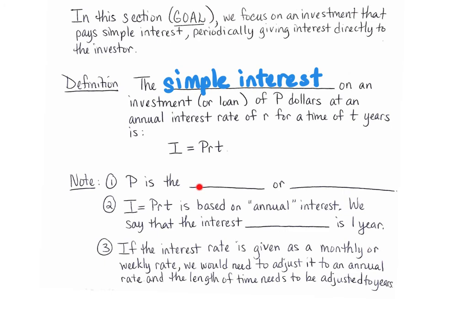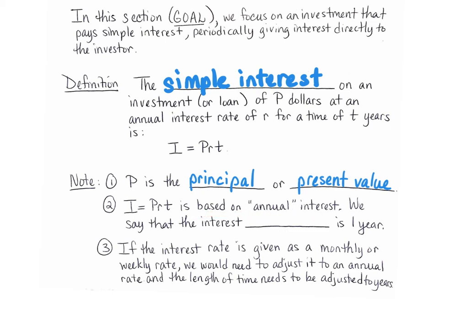P is the principal, or it's the present value. And whenever we look at I equals P times R times T, that is based on an annual interest.